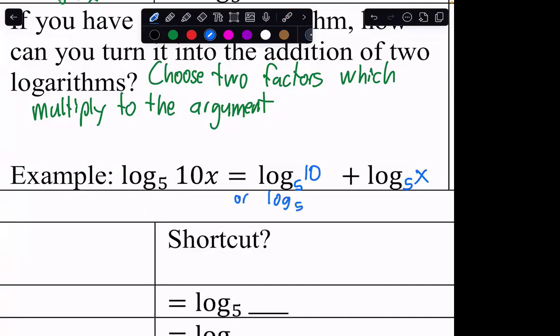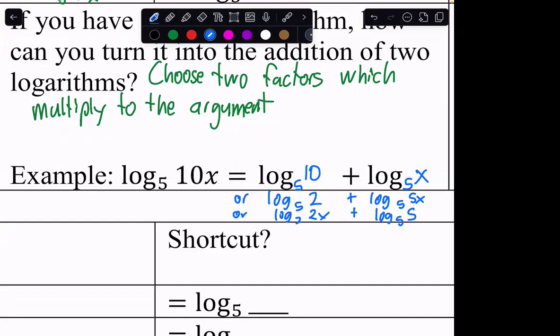You could also do log base 5 of 2 plus log base 5 of 5x. Or there's other ways, right? You could do log base 5 of 2x plus log base 5 of 5, and so on. We're not going to keep going, but any two arguments that multiply to 10x you can use.